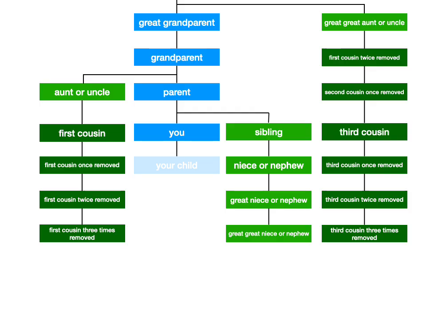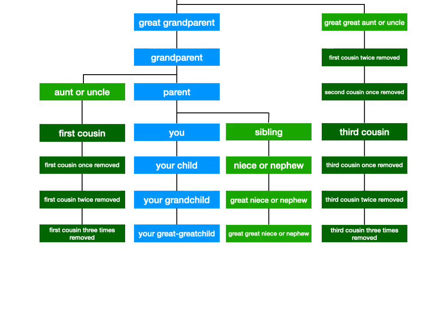We can also add in your own descent. So your child, your grandchild, your great-grandchild, and so forth. And there we can see the opposite relationships as above you starting to occur, right? Your niece or nephew is the first cousin of your child.